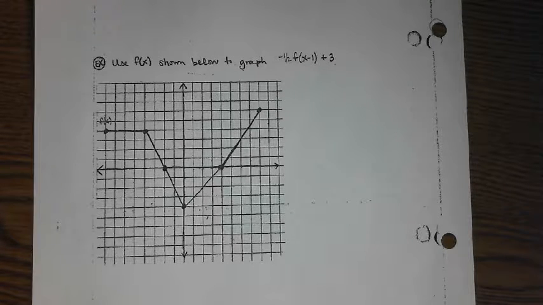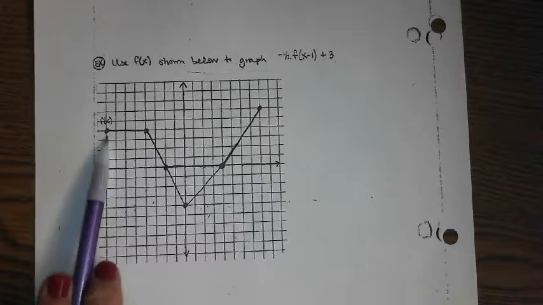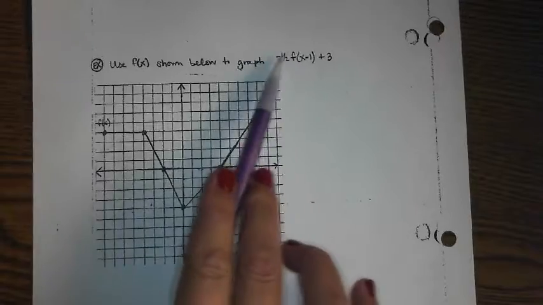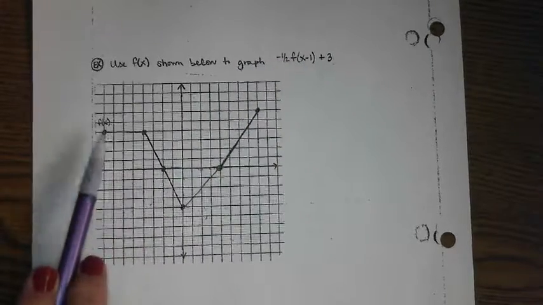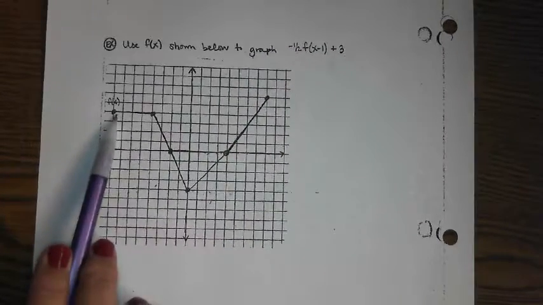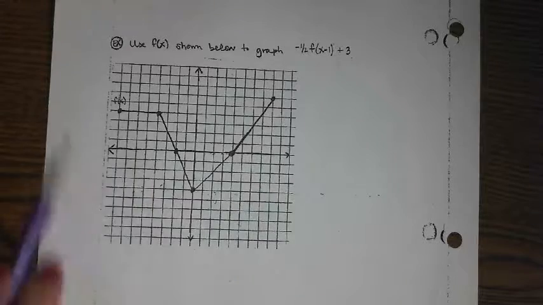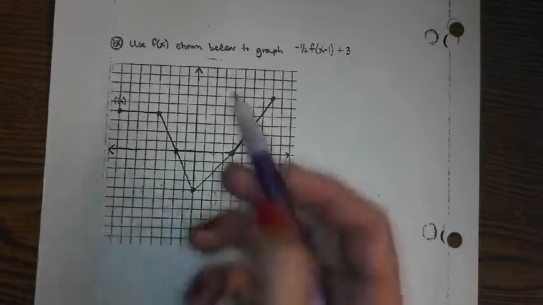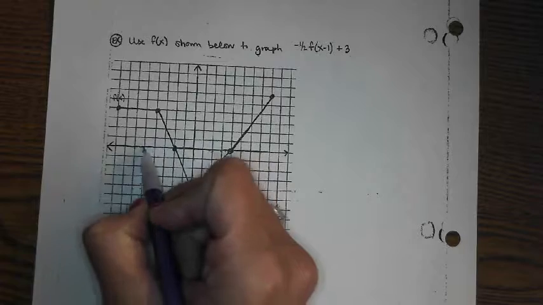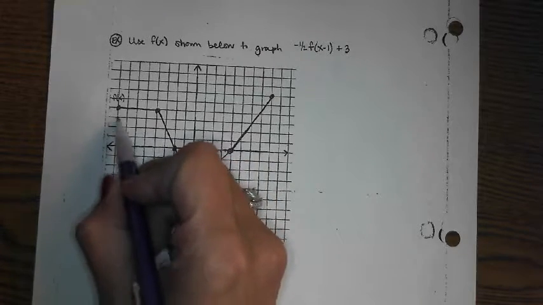Or, let's think about this. Could we just take it point by point and figure out after each of these transformations what happens to each point? That might save some chaos in your picture. So let's do it that way. -1, 2, 3, 4, 5, 6, 7, 8. 1, 2, 3, 4.